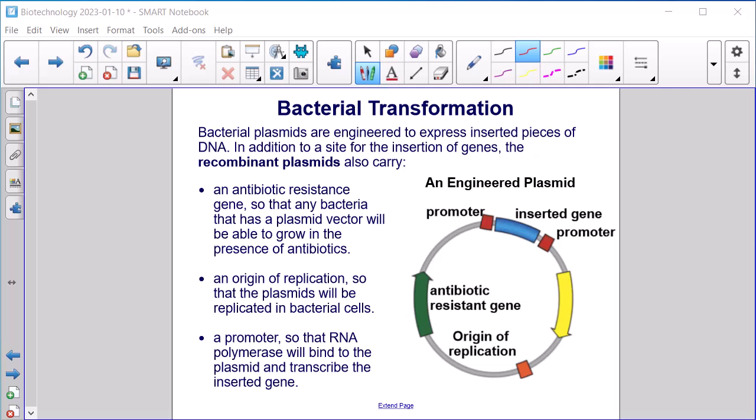Bacterial plasmids are engineered to express inserted pieces of DNA.